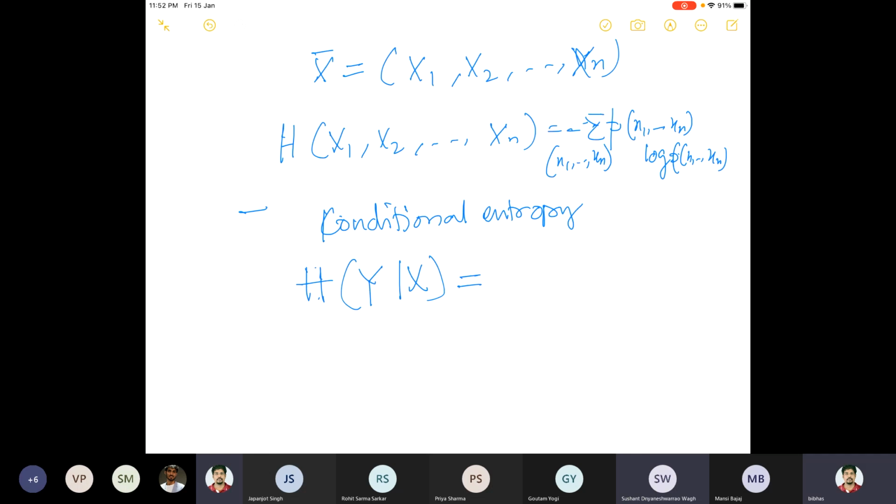Negative, this is a summation, the average value of something, right? What should this be? Sum of something, right? What is that?